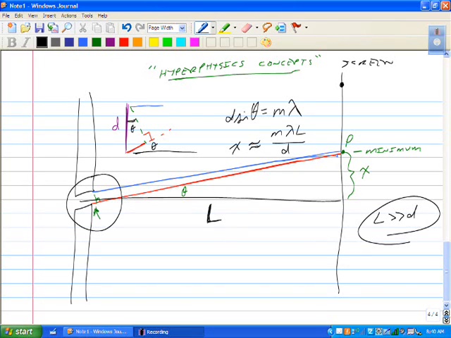If that's x over L, that's equal. Yeah, that's right. And x is how far away from the center point this minimum occurs, this P.